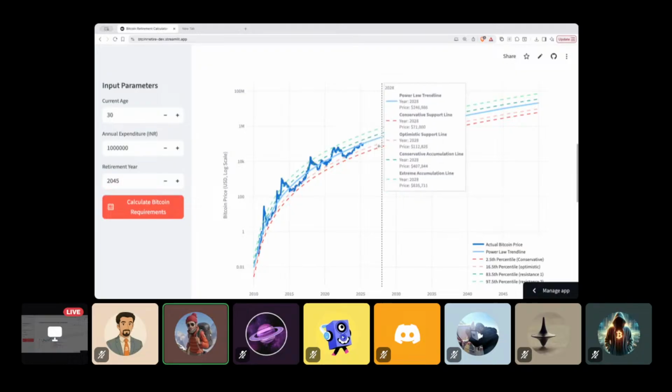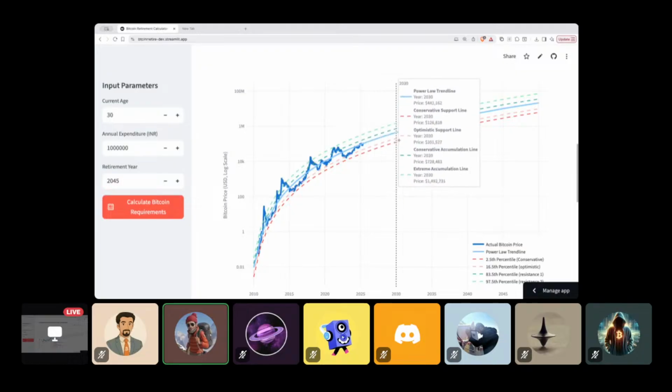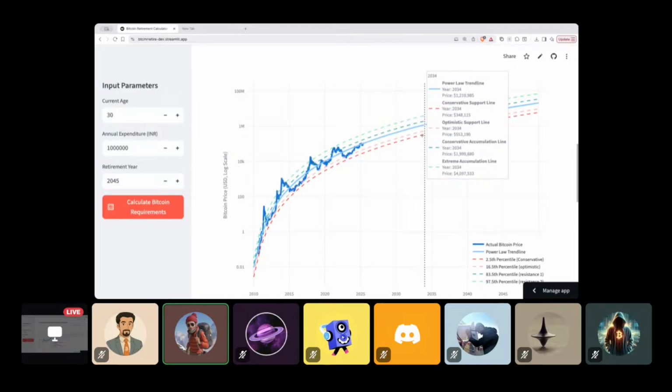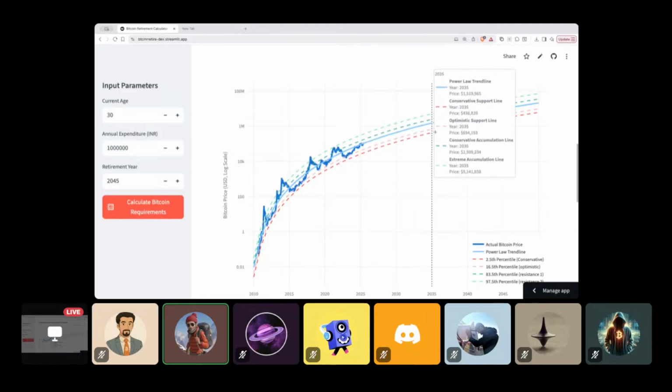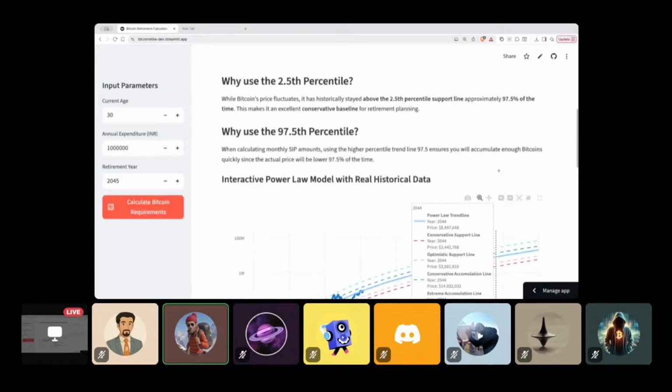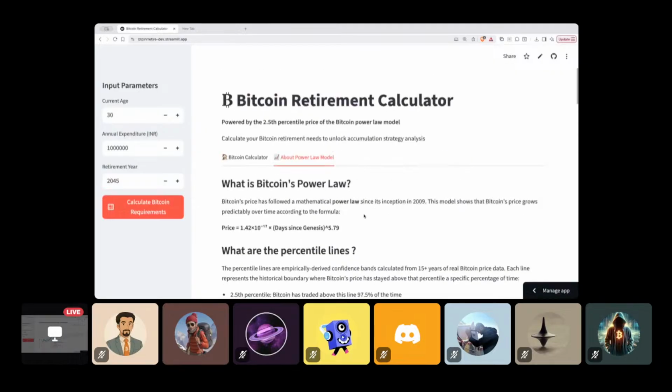Based on this line, we will be calculating how much BTC one would typically require given their current age, annual expenditure, and retirement year, like when you want to retire. So that's the basics of power law, and this is the power law equation that you see here.